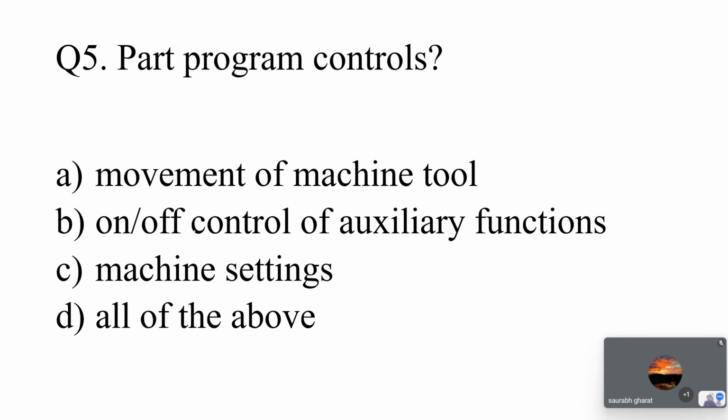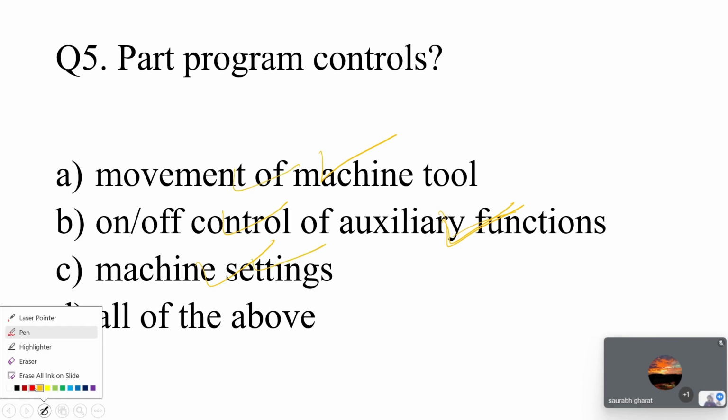So part program controls the movement of the machine tool, which is the correct answer. Or on off control of the auxiliary functions like coolant and spindle speed: spindle off, coolant on, coolant off. Program end, program start, subroutine part. So all the auxiliary functions can be done, and machine settings. So your M code, as I mentioned, auxiliary setting, machine setting, all of this can be done. So all of the above is the correct answer.